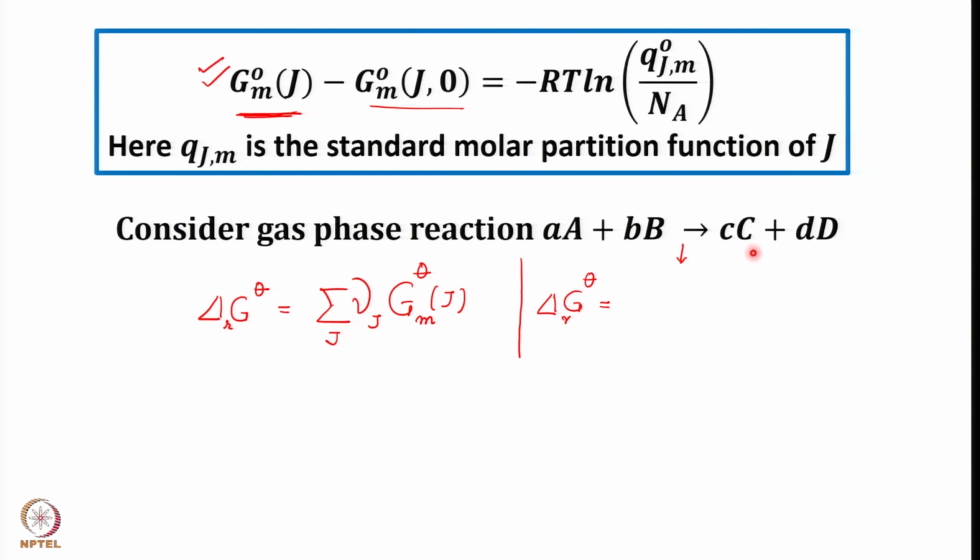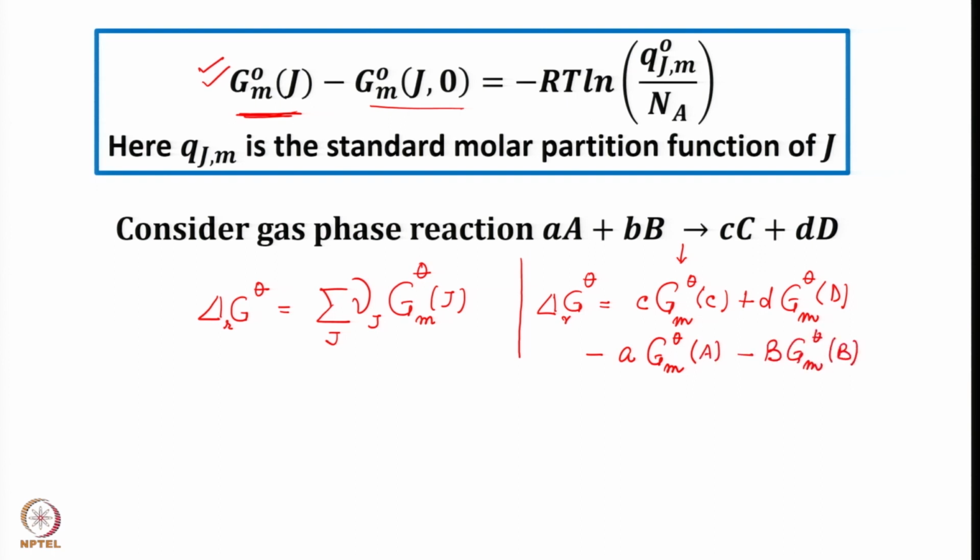Since it is positive for products, when I open this summation, this will be c times Gm naught C plus d times Gm naught D minus a times Gm naught A minus b times Gm naught B. When I said positive for products and negative for reactants, that stoichiometric number sign becomes clear here.